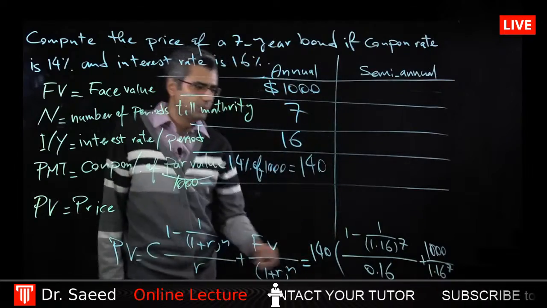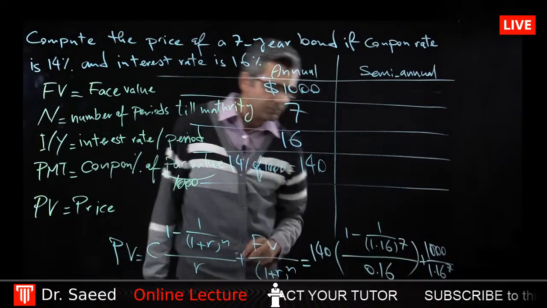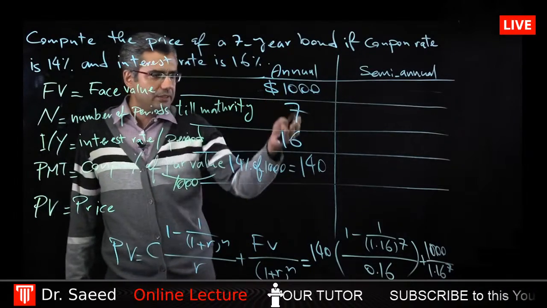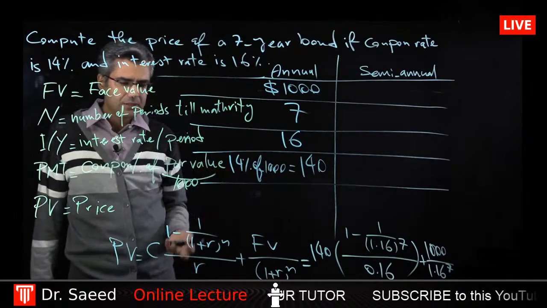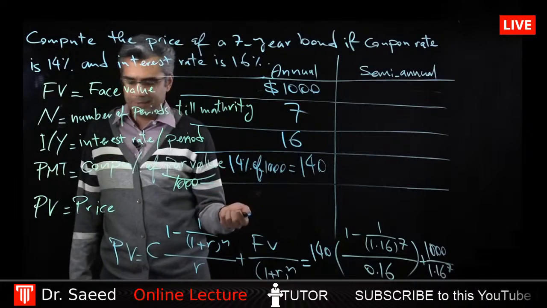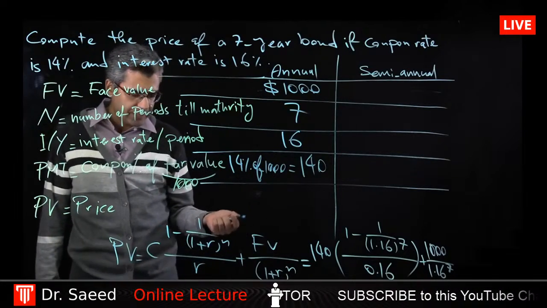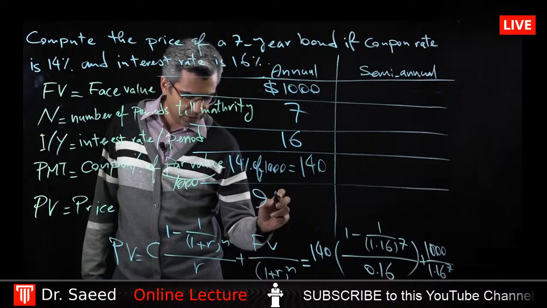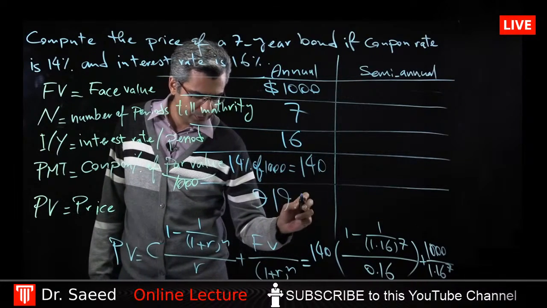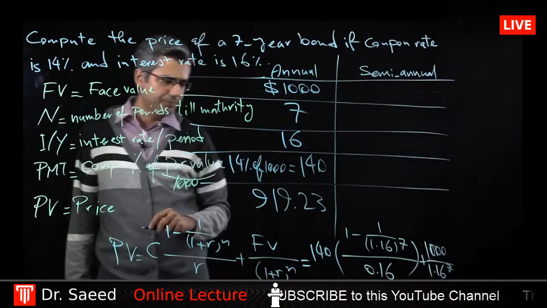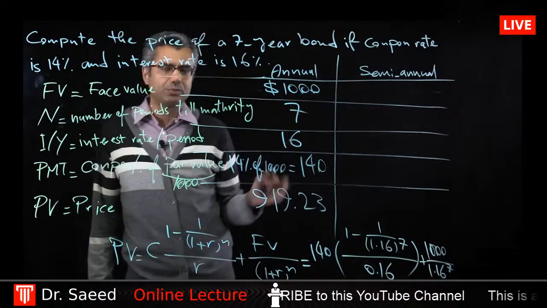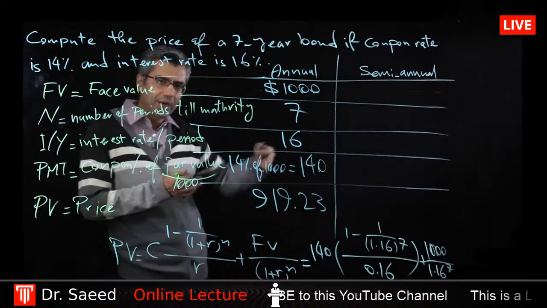So you can compute it. Or you may use the financial calculator. You key in these four and then you press CPT and PV and you get the answer. And in this case, the price is 919.23.